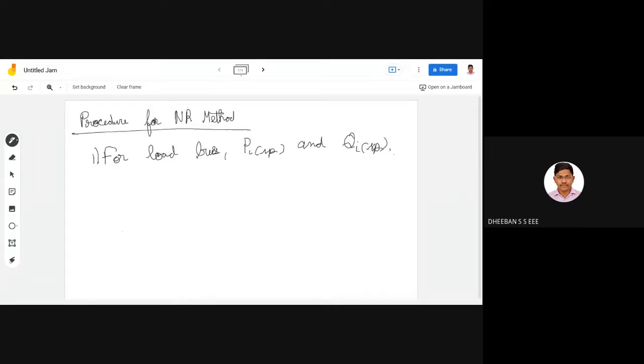So apart from this, your voltage variables you have to make equal to the slack bus.